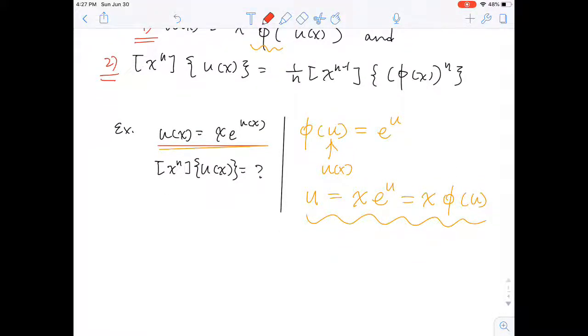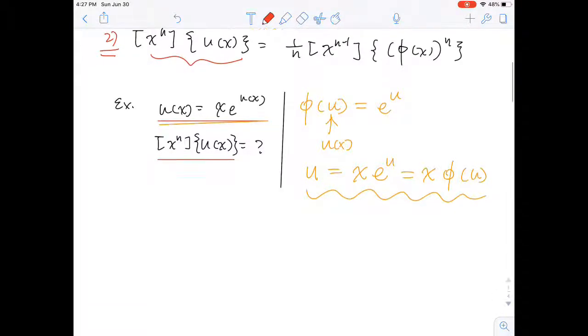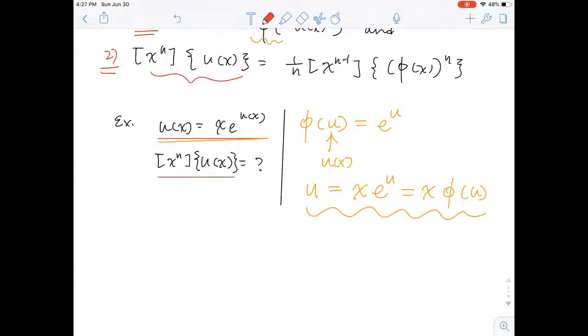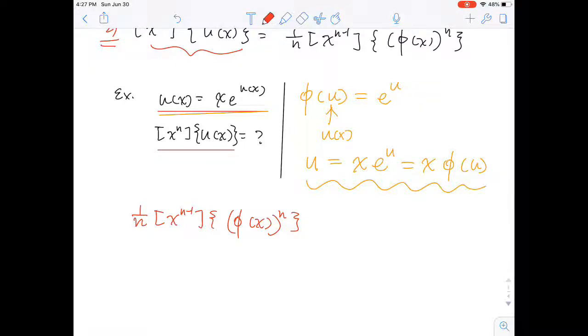Okay. So we are interested in finding the coefficient of x^n. And this expression is exactly the left-hand side of the second equation. So now the problem becomes, what is this expression? Note that here I changed the variable for the function phi to x instead of the u here.